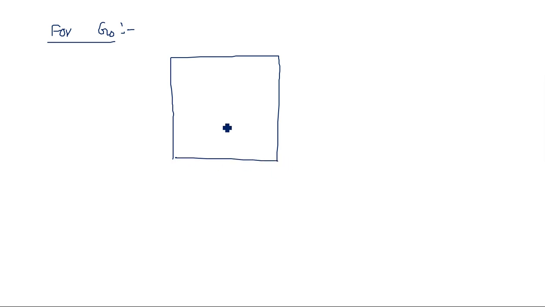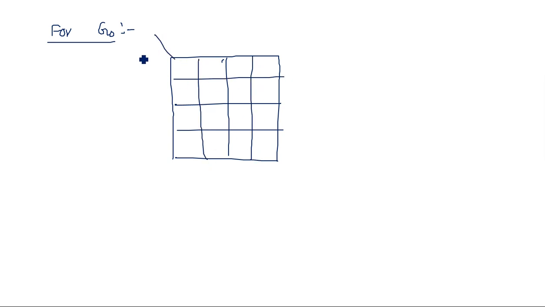Next, last one, for G0. For G0, we are having again a 4 variable K map. B3, B2, B1, B0.